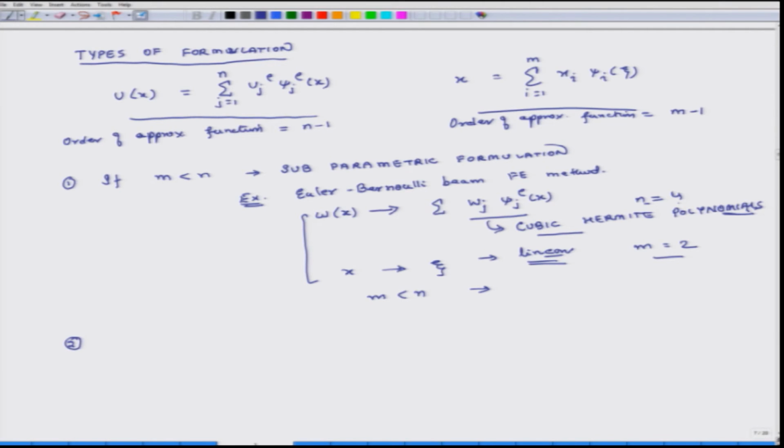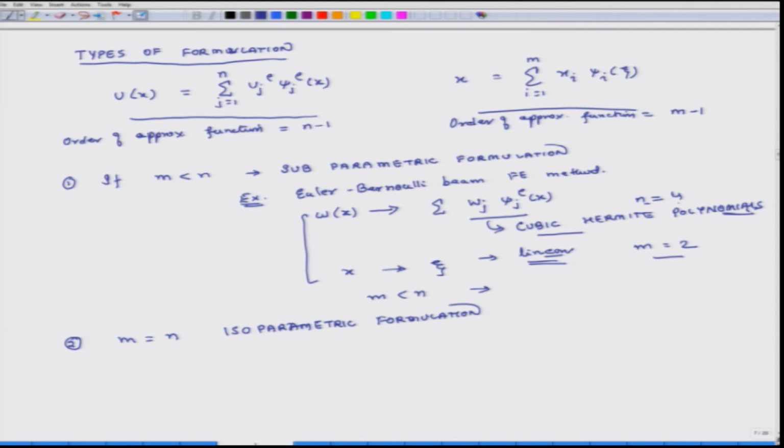The second case is m is equal to n. Here this is called isoparametric formulation. A lot of FEA is of this type.